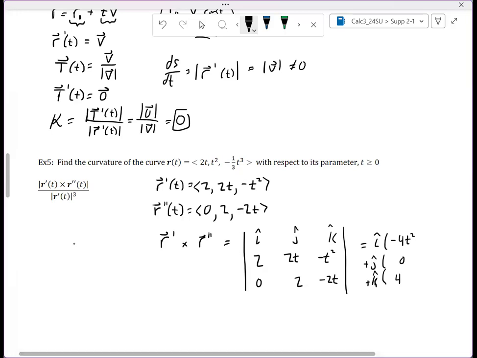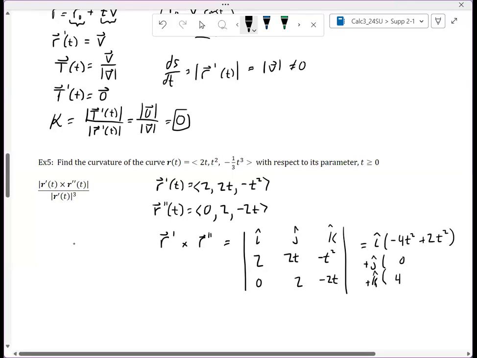And then I have to go the other way, the off diagonals, wrapping around the other direction. This comes in with a minus, so I have minus i times negative t squared times 2. So that's a plus 2t squared. The negative from going the other direction cancels with the negative on the negative t squared.